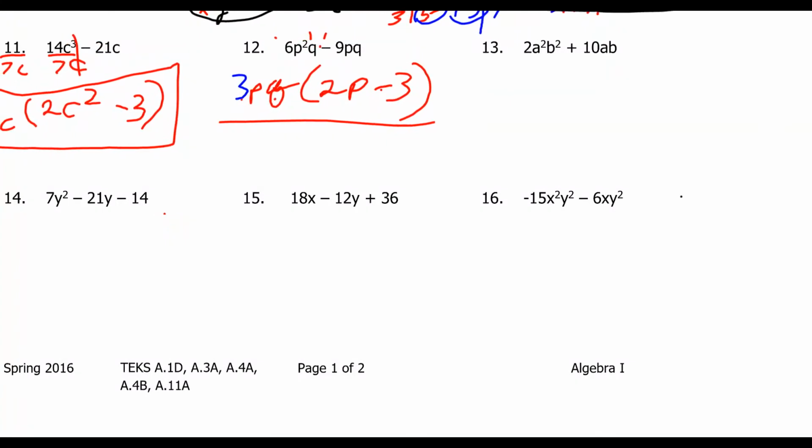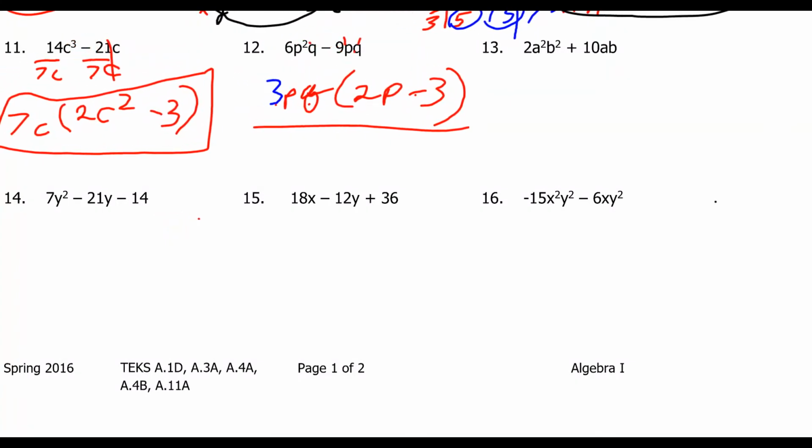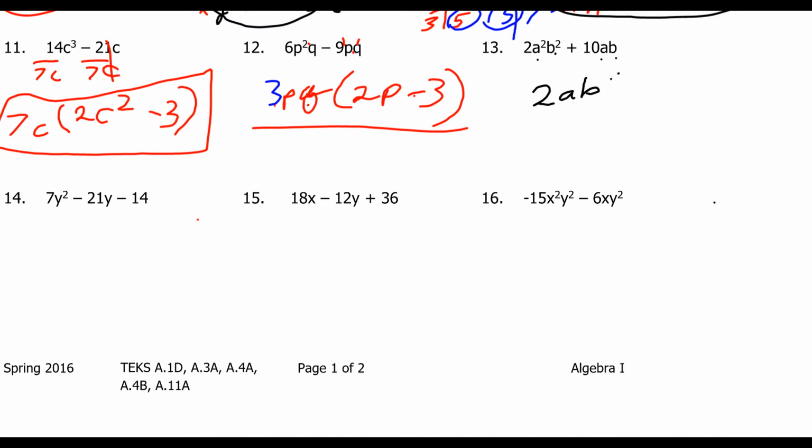Now, let's see. Number 13. Okay. We've got 2a squared b squared, 10ab. Now, things that can go into both 2 and 10. Well, 2, obviously. So we're going to pull out a 2. And then we notice we got a and b here. We got a and b here. So we can pull out an a and a b. All right, now in order to get the 2a squared b squared, we'd have to multiply 2 times 1.